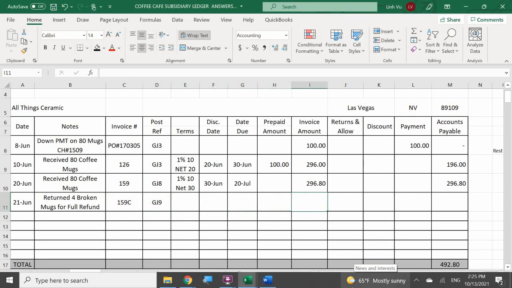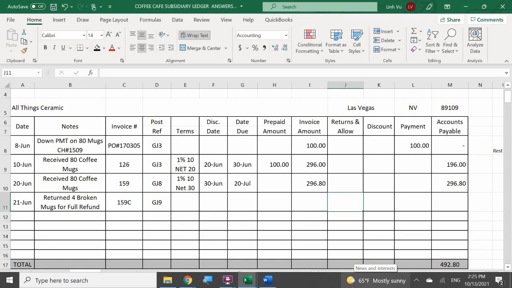So we have an invoice, whatever, $9.84. And the payment, no? Did we make any payments? We didn't make any payment, but you have to subtract that from the amount from the accounts payable.